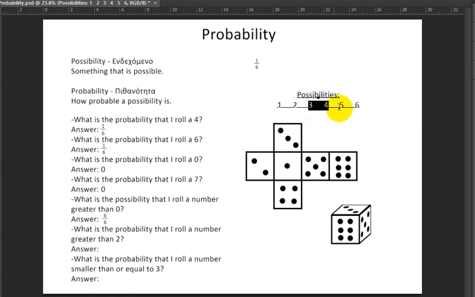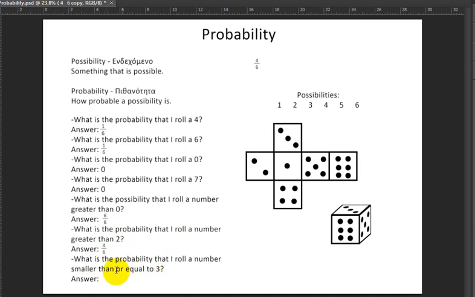So in 4 of the 6 possibilities, we can roll a number that is greater than 2. So the probability of that happening is 4 out of 6, because in 4 out of 6 possible outcomes, we get what we want, a number greater than 2.